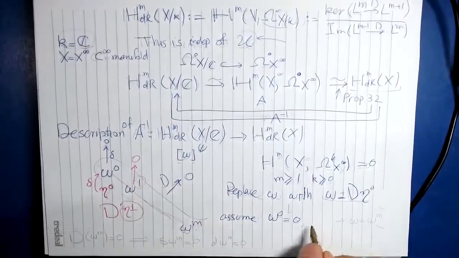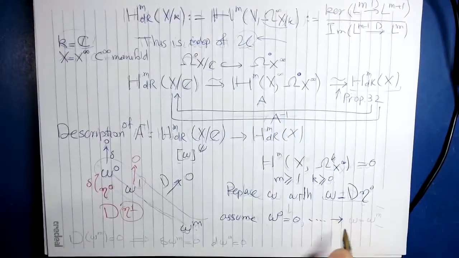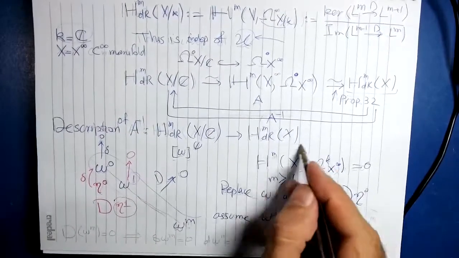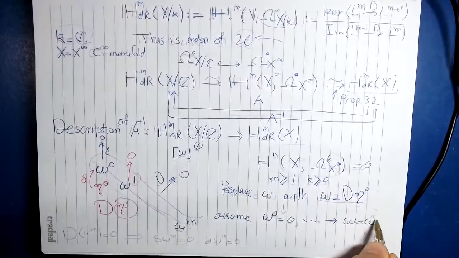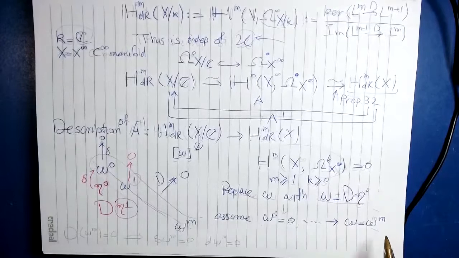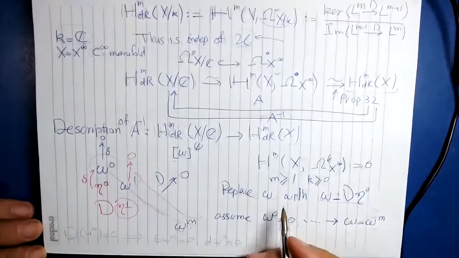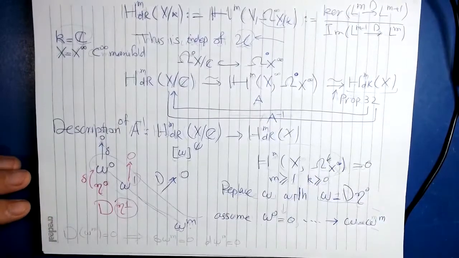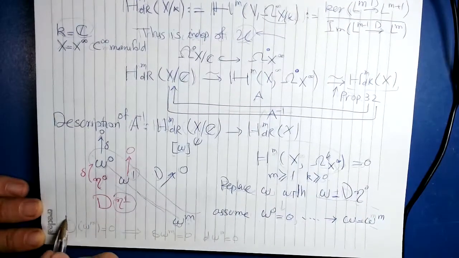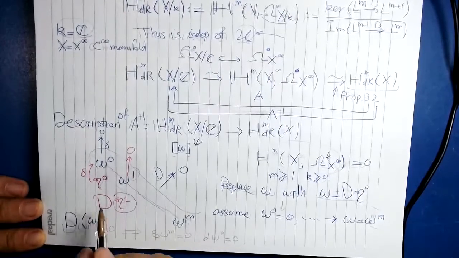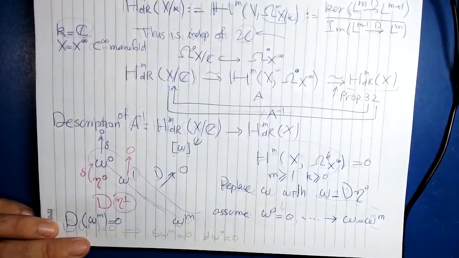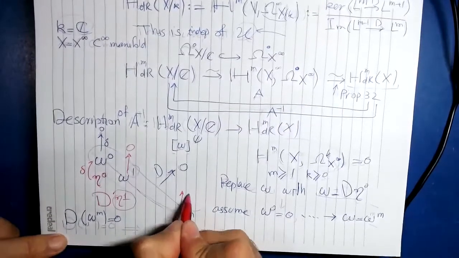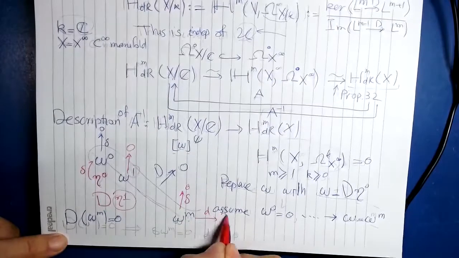And at the end of the day, after repeating this procedure many times and using that these cohomologies are 0, I can assume that omega is just omega m. This means that there are no other pieces, and omega m is alone. Its delta goes to 0, and its d goes to 0.